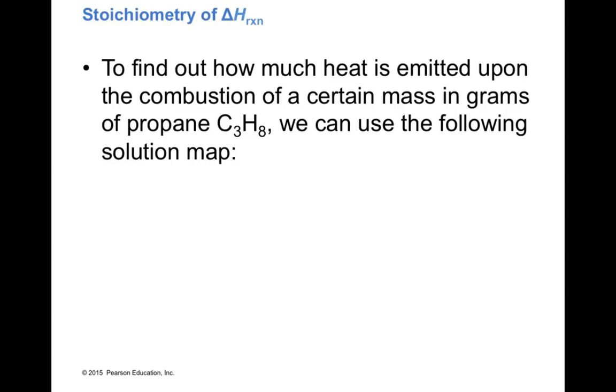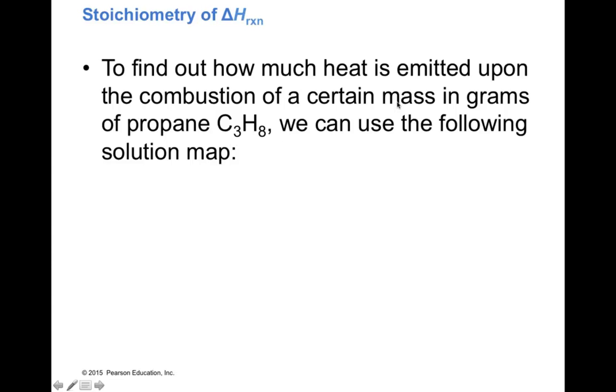So to find out how much heat is emitted upon the combustion of a certain mass in grams of propane, we can use the following solution. So now we're going from the mass of propane to the amount of heat, to the enthalpy.